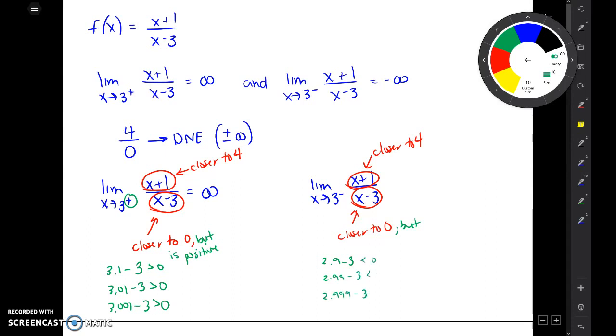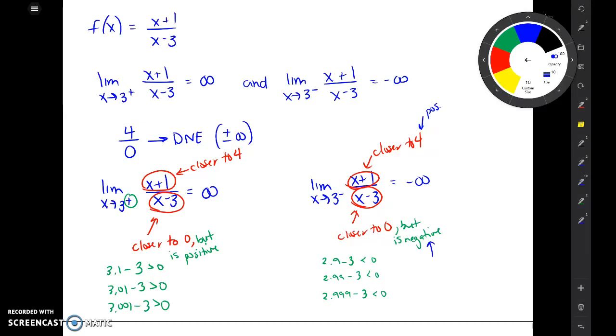These are negative numbers because 2.99 and so on is smaller than 3. So it would end up being negative. And again, we all know that when I take a positive number divided by a negative number, my result will be a negative, which is why these values will tend towards negative infinity.